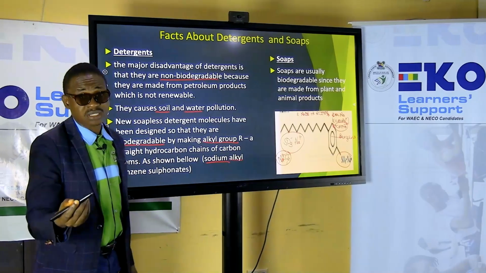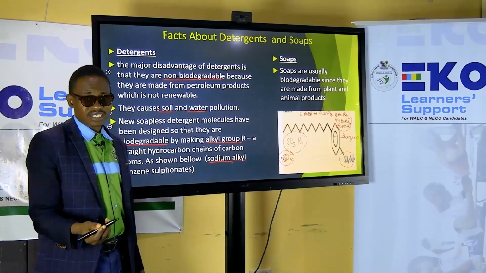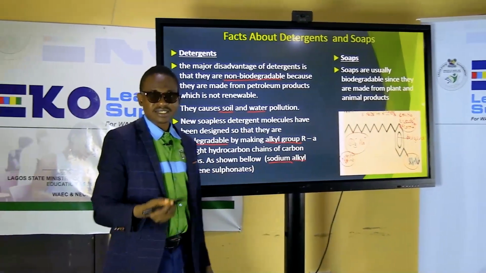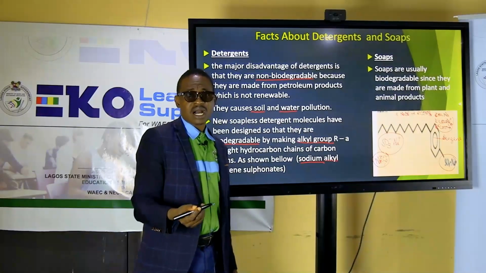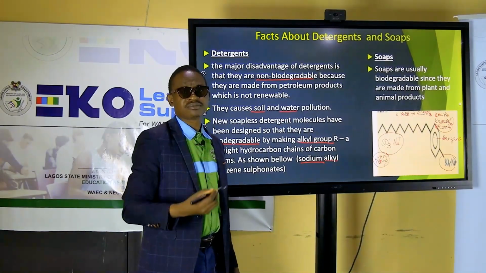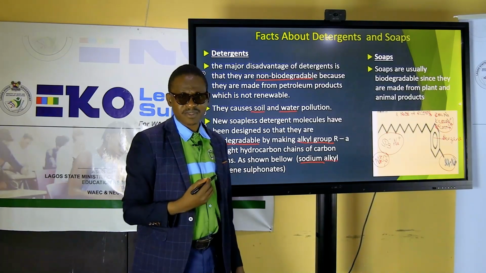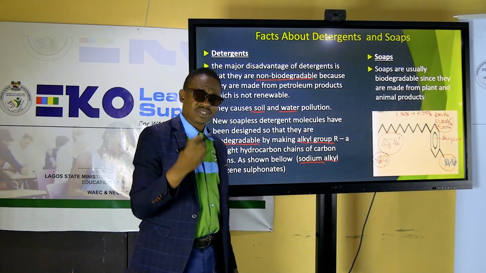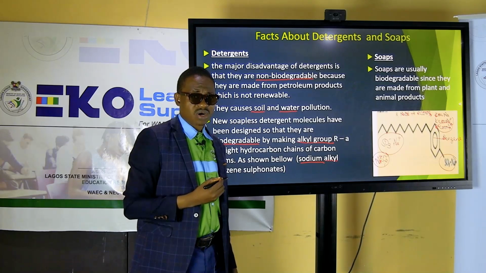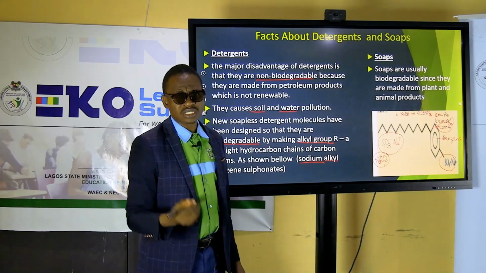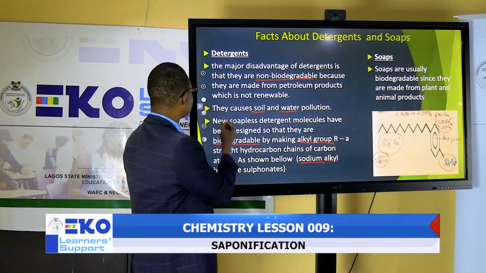This makes it soluble. You get the logic? So with this, some of the detergents now are biodegradable without harming us any longer, unlike in those days when we had it as non-biodegradable. Good.